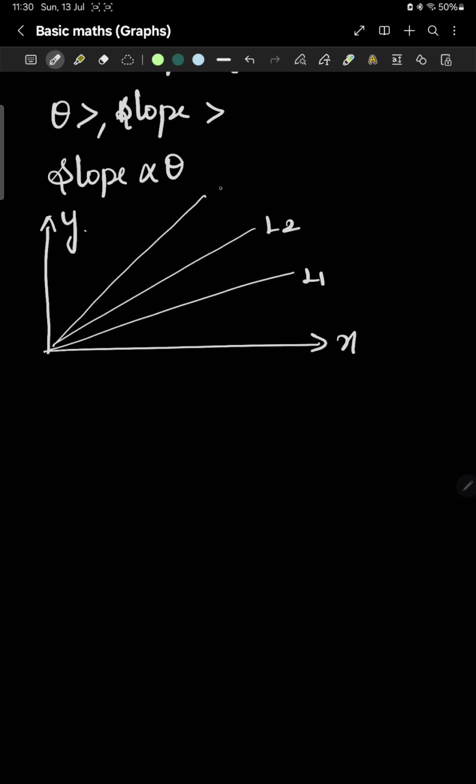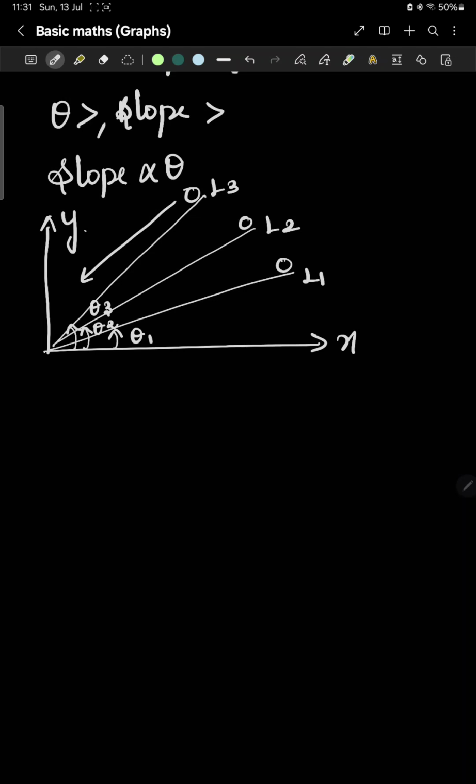The line L1 makes an angle theta 1 with respect to x-axis, and theta 2 with respect to x-axis of the line L2, and theta 3 is the angle made by the line L3 with respect to x-axis.